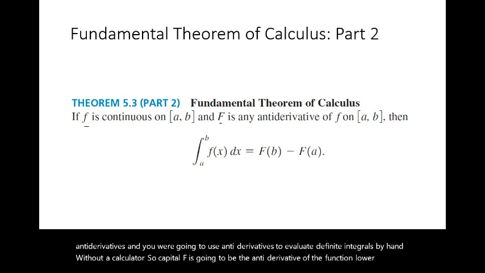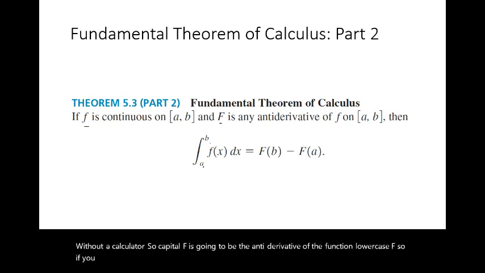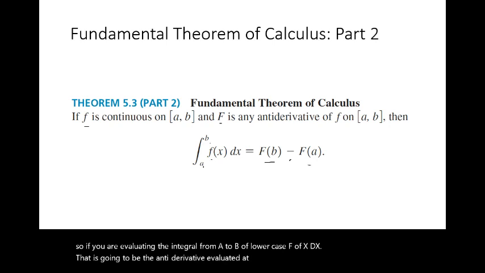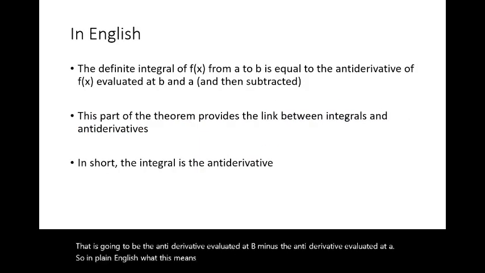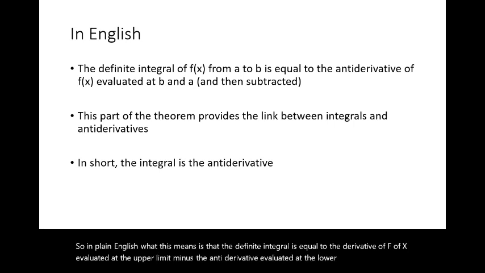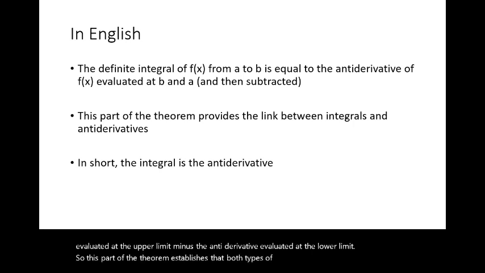So if you are evaluating the integral from a to b of lowercase f of x dx, that is going to be the antiderivative evaluated at b minus the antiderivative evaluated at a. In plain English, this means the definite integral is equal to the antiderivative of f of x evaluated at the upper limit minus the antiderivative evaluated at the lower limit. This part of the theorem establishes that both types of integrals are antiderivatives.